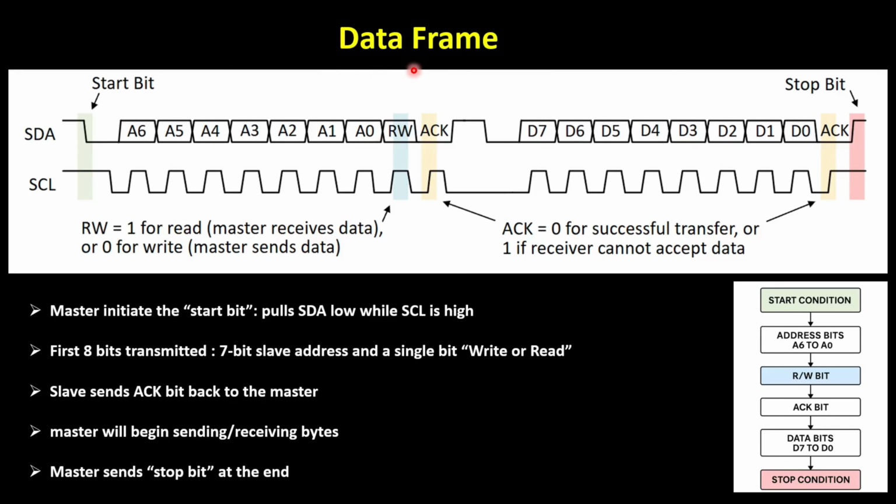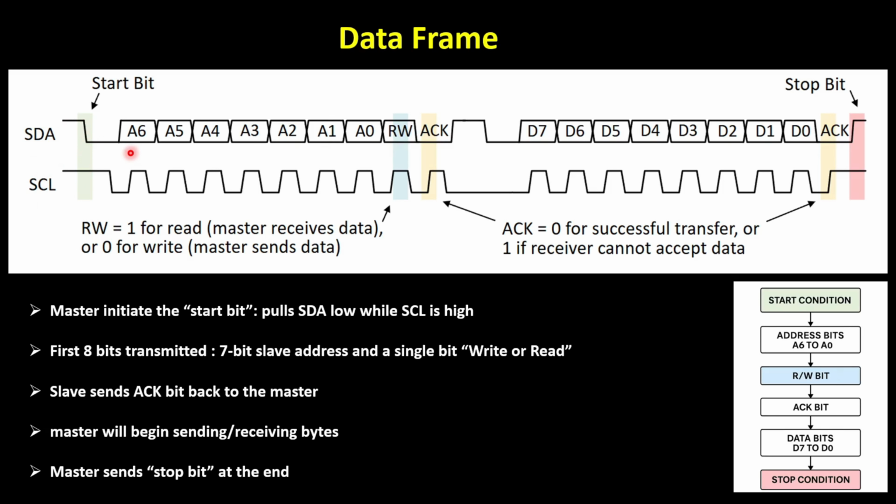Learning the data frame in the I2C is necessary for debugging. So how does the master start to transfer the data toward the targeted slave? First of all, the master initiates the start bit. What is the start bit? For the start bit, the SDA changes from high to low while the SCL is still high. So it indicates the start bit.